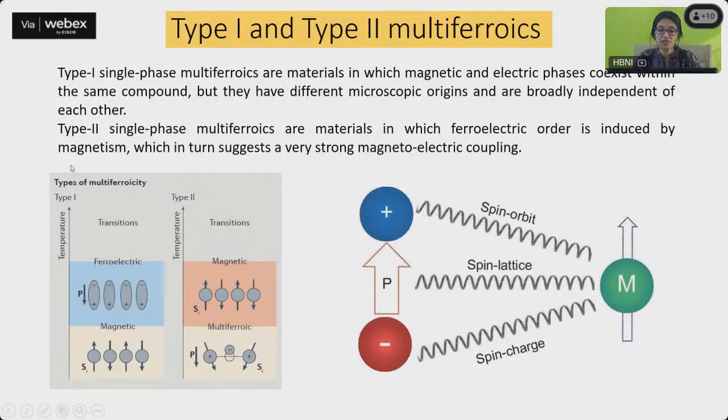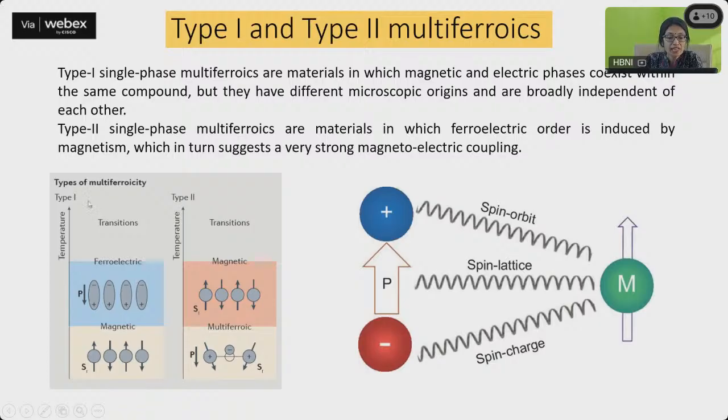Now there are two types of multiferroic materials: type 1 and type 2. What is type 1? It is single phase multiferroics, as in the case of BiFeO3, in which both magnetic and electric phases coexist within the same compound, but they have different microscopic origins and are broadly independent of each other. In the case of type 2, the single phase multiferroics are materials in which ferroelectric order is induced by magnetism, which suggests a very strong magnetoelectric coupling.